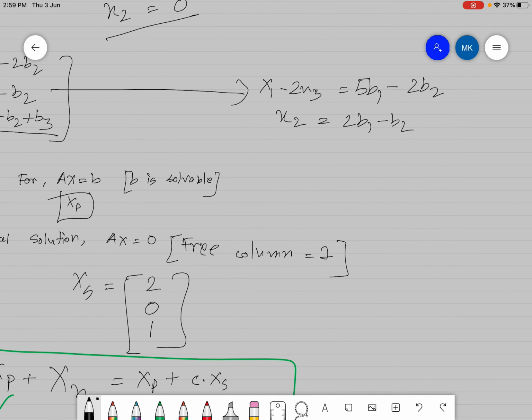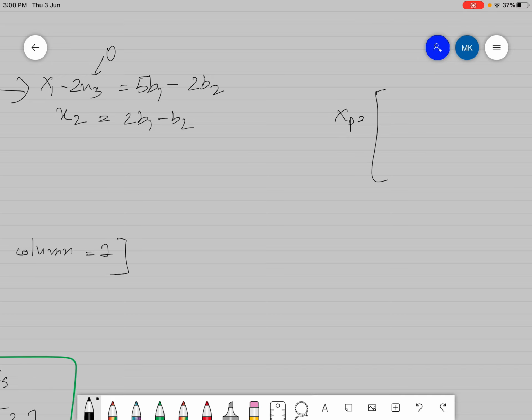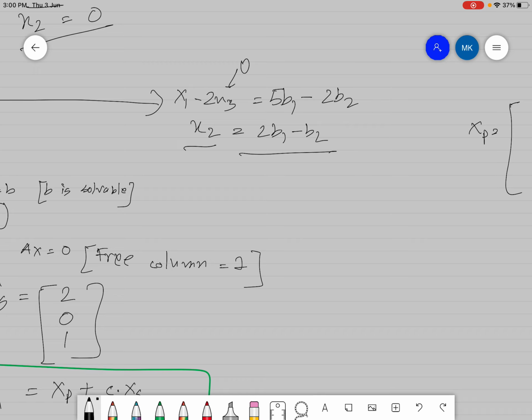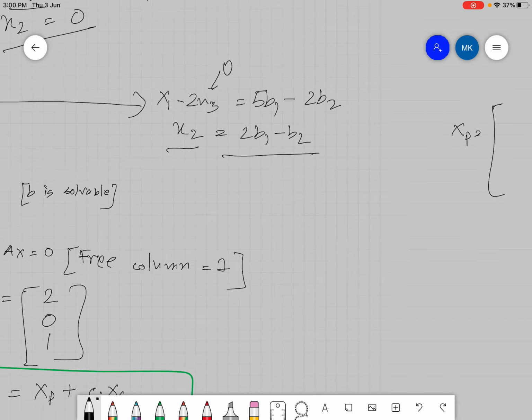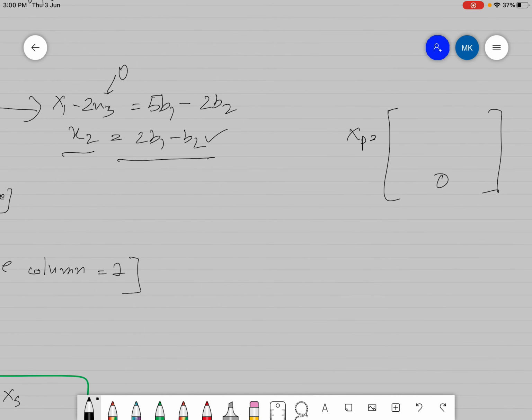So for the particular solution, the free variables should be set to 0. So x3 is 0. So for xp we got x3 equals 0, x2 equals 2b1 minus b2. So you have to find the solutions depending on b1, b2, b3. So x2 is 2b1 minus b2, and as this is 0, x1 is this one, 5b1 minus 2b2.